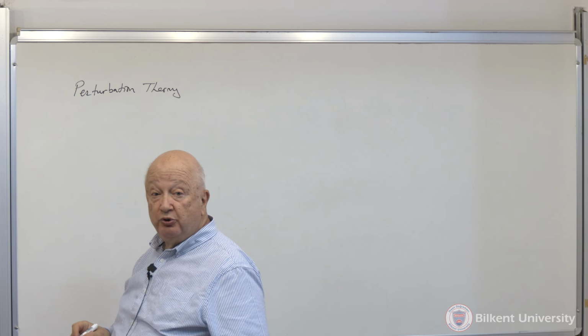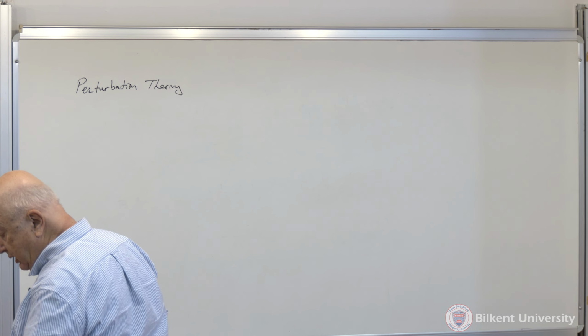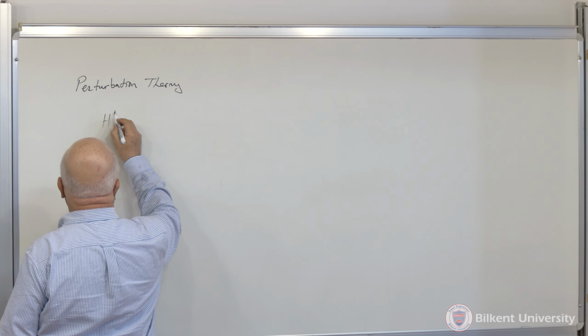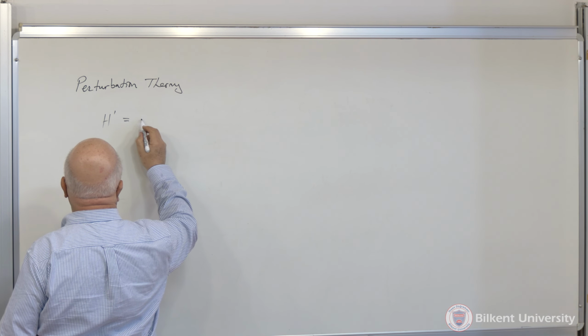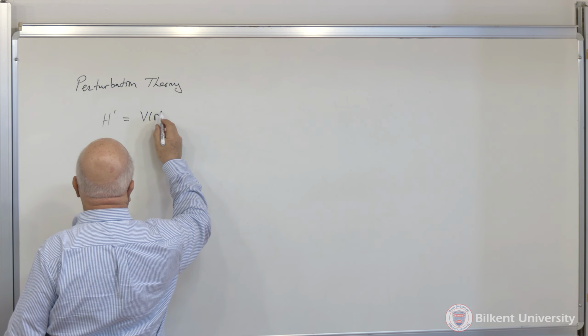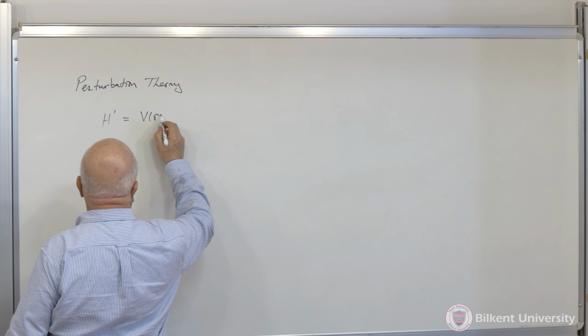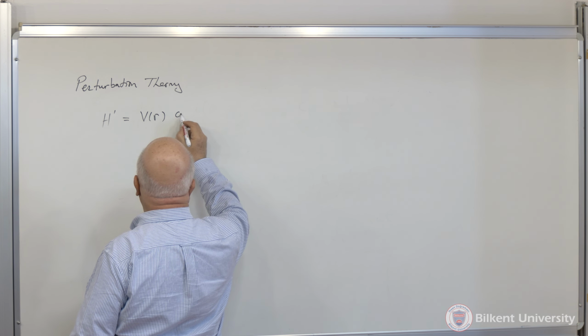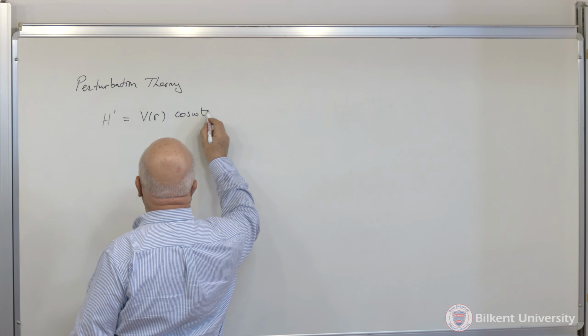Now this time, suppose we have H prime again, the perturbing Hamiltonian, which I'll again decompose into two pieces: V of r and a cosine omega t.